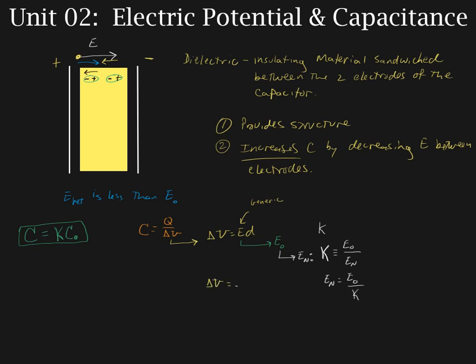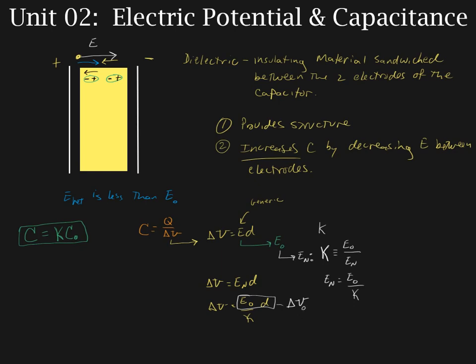And so now we'll go ahead and substitute this back in, and we have delta V is equal to E nu times D. And so we have delta V is equal to E of a vacuum over kappa times D, but E times D we know as delta V. Okay, so this is delta V. But because it's delta V based on the electric field of a vacuum, we're going to call it delta V naught.